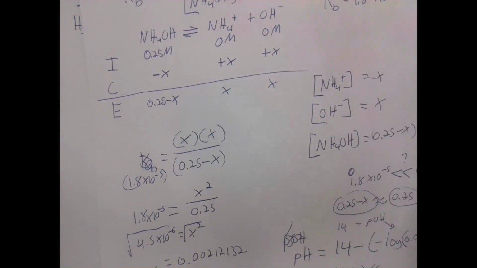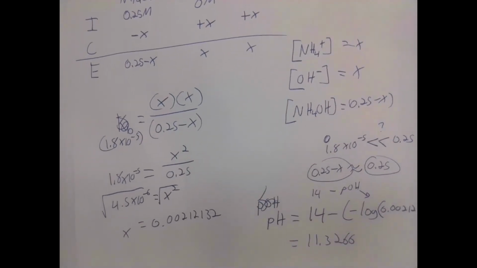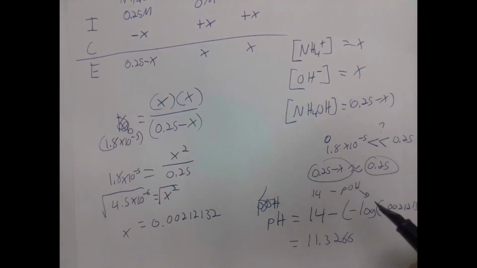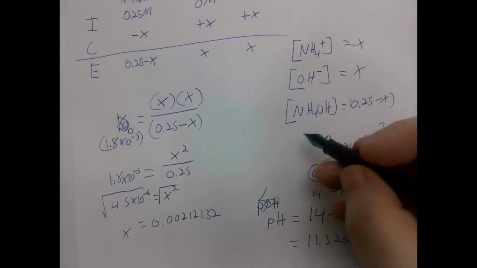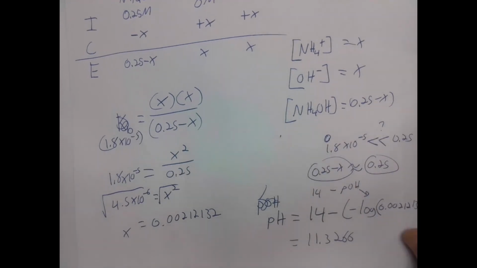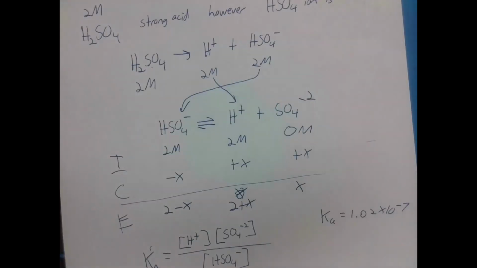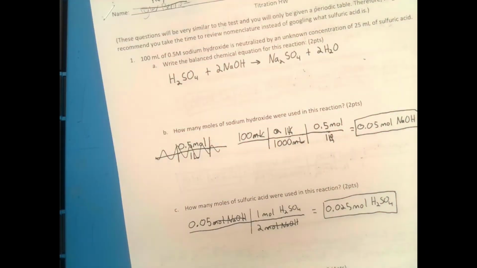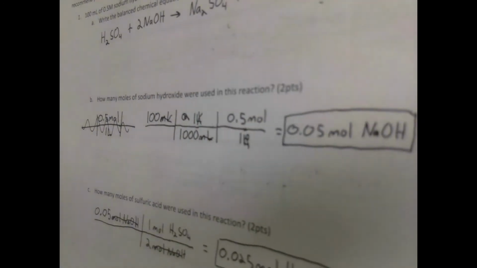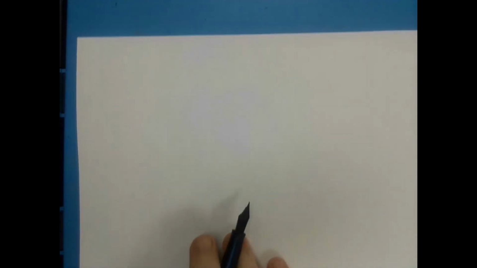So I'll tell you that you can approximate it as the Ka is too small or very small, in which case you could do something like this. But the majority of the test is going to be like this. Figuring out concentrations. And it's going to be multi-step too.